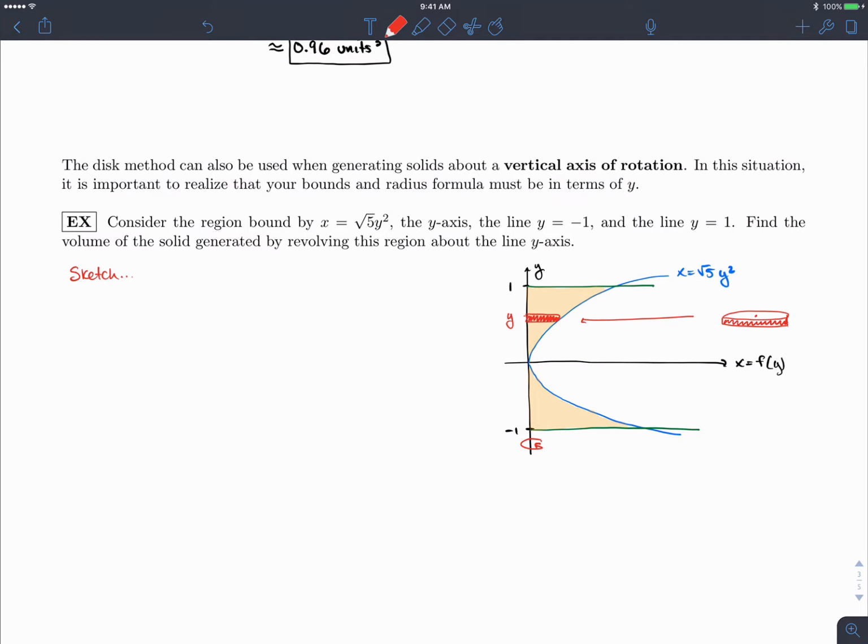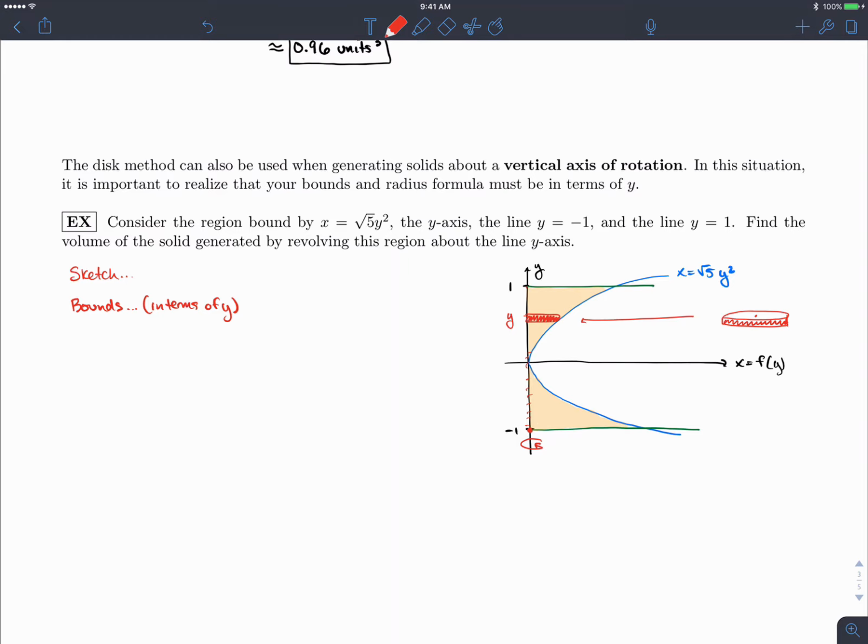All right, so let's go ahead and set up our bounds next. We've got our sketch, we've got our cross section. Now we're going to get our bounds. Since this is a function of y, along the y-axis, these are going to be in terms of y, because we're trying to think, where along the axis of rotation are we going to be stacking these disks? Well, they're going to start down here at -1, and we're going to stack them all the way up to +1.